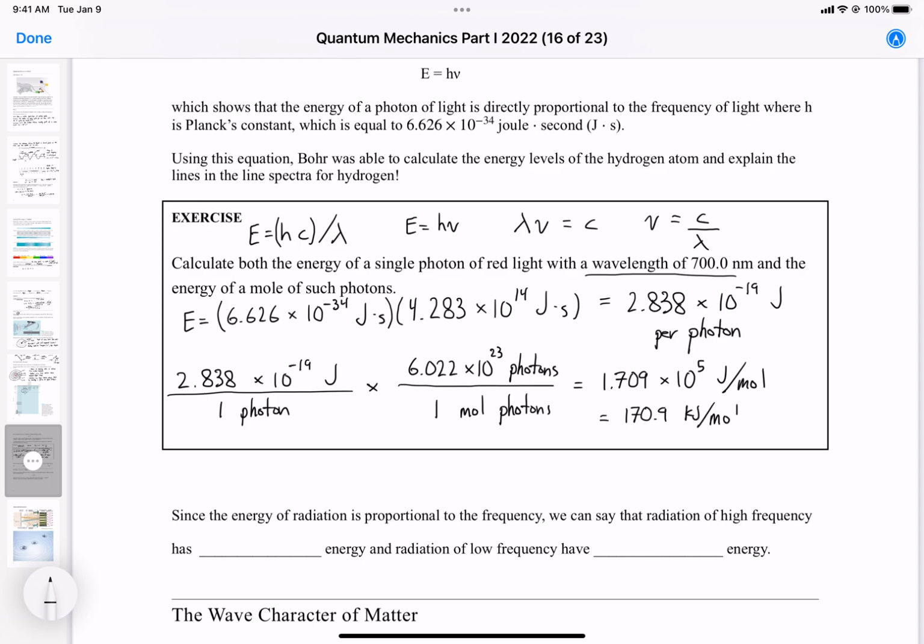Usually when we represent energy, it's in kilojoules, especially if we have a big number.